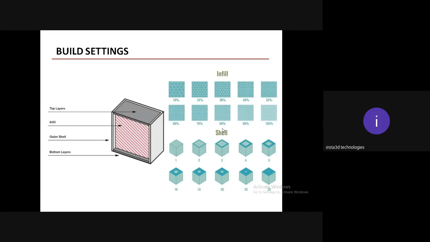It depends on the requirement. If we give 100% infill, more shells are not required. It is not mandatory to give more shells because 100% means 100% material inside. So there is no possibility of adding shells again and again, and it will not affect the strength of the material.